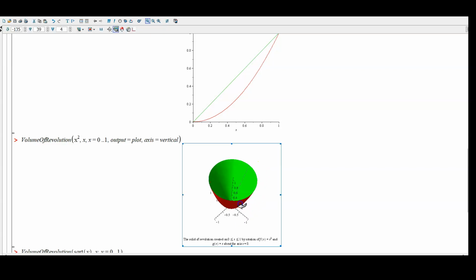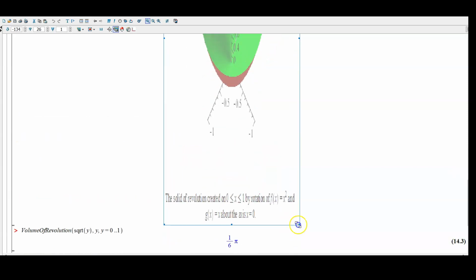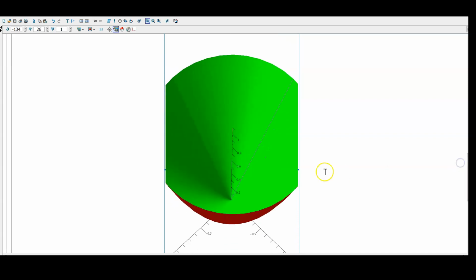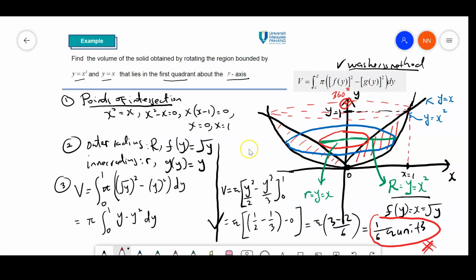And then inside you can see this straight line, the red color here. If I can make this bigger, you can see we have this straight line here. Remember, we decided the outer radius is given by y equals x squared, but we rewrite it as square root y, and the inner radius is given by the straight line.